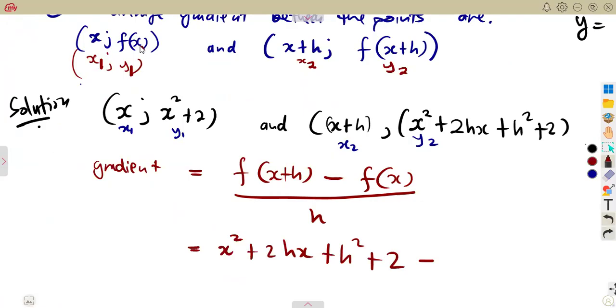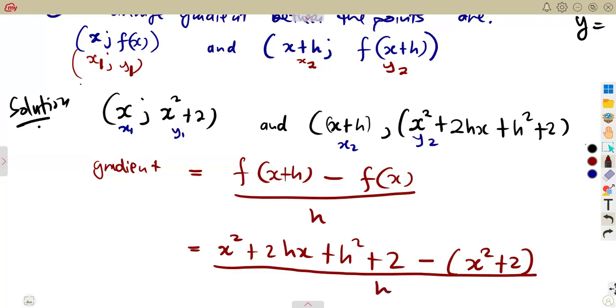F of x is what we had when we substituted, which corresponds to the y value, x squared plus 2. So you're going to subtract x squared plus 2. That's our f of x, everything over h.